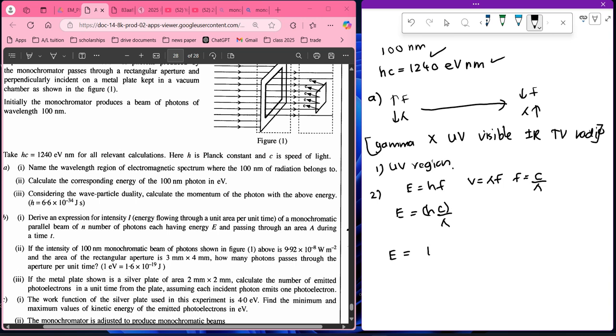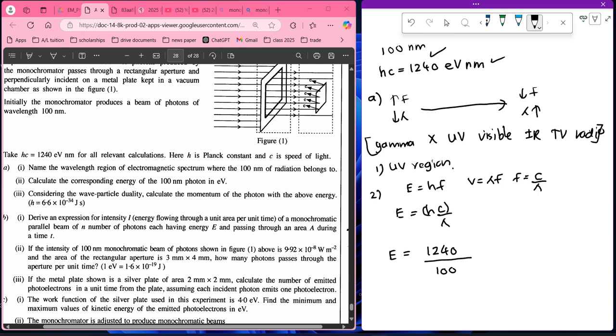So I can write E equals 1240 divided by 100. No need to apply units in physics except for the last answer, but in chemistry please keep in mind to apply units in each and every position, so it's not relevant here. So next divide this by 100 nanometers.